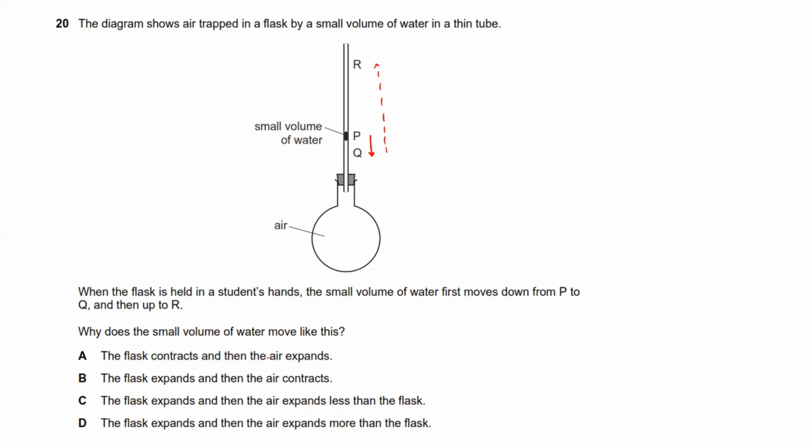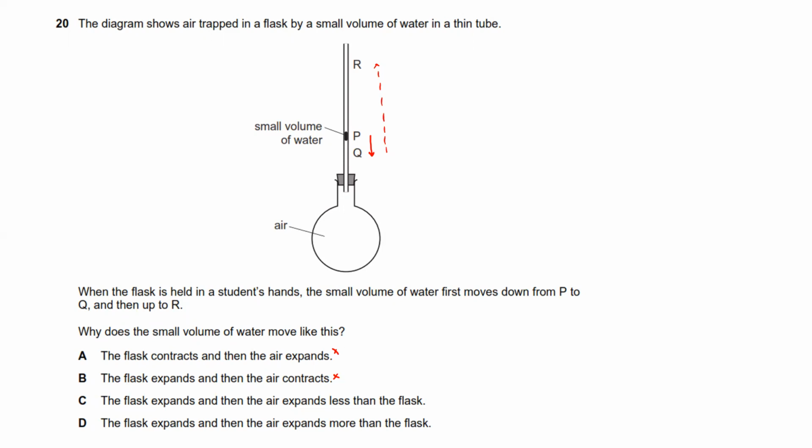The flask contracts and the air expands. No, the flask does not. The flask expands and the air contracts. No, there is nothing like that, so air is not. So basically, what's happening? When the student is holding it in his hands, some amount of energy goes to the flask, and the flask actually expands.